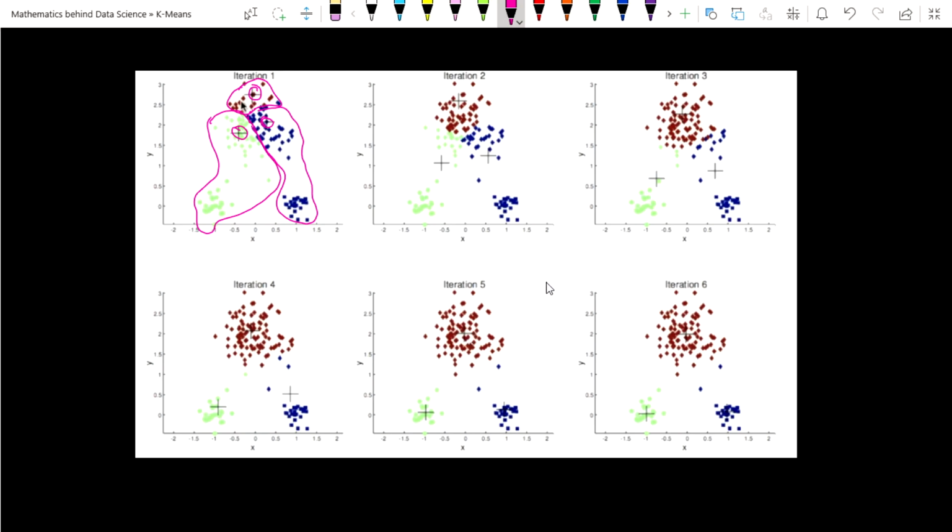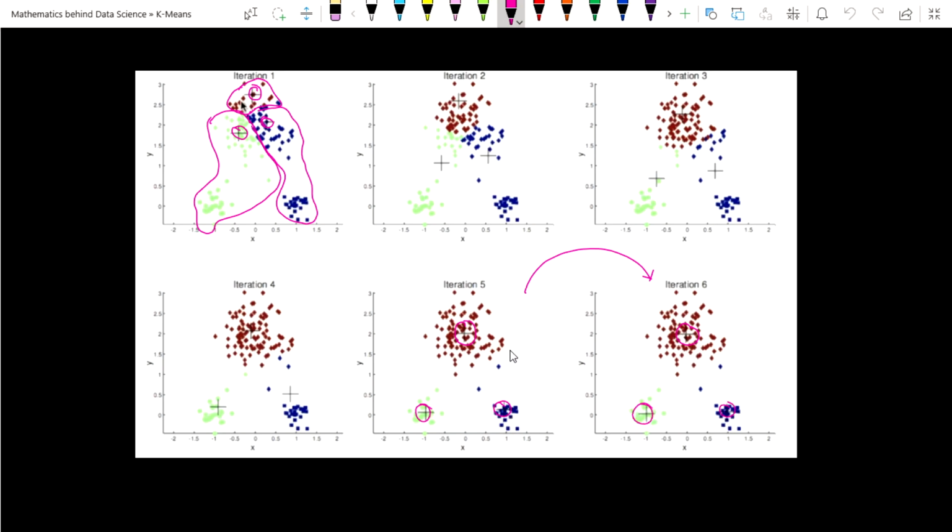Just see this iteration 5 and 6. The centroids are here, and similarly here and here. Just see these three centroids.